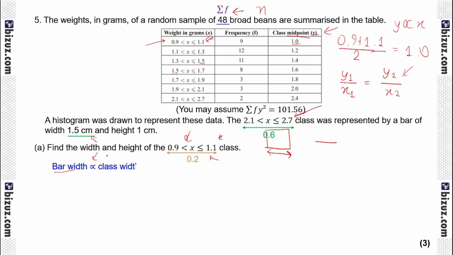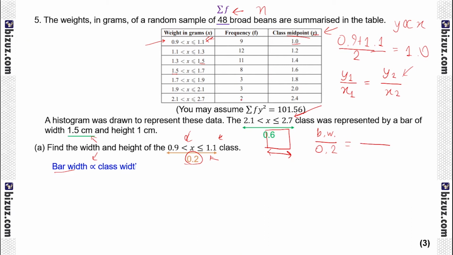So suppose I call the bar width that we want to calculate v dot w. The bar width that we want to calculate divided by the corresponding class width, the interval that we're concerned with, is going to be equal to the same ratio for any other pair.